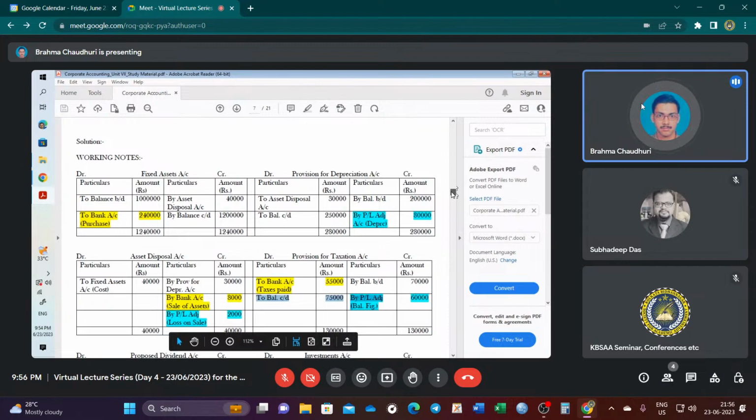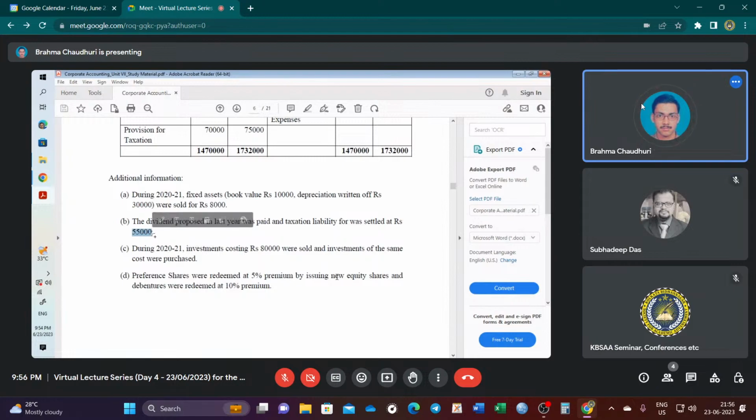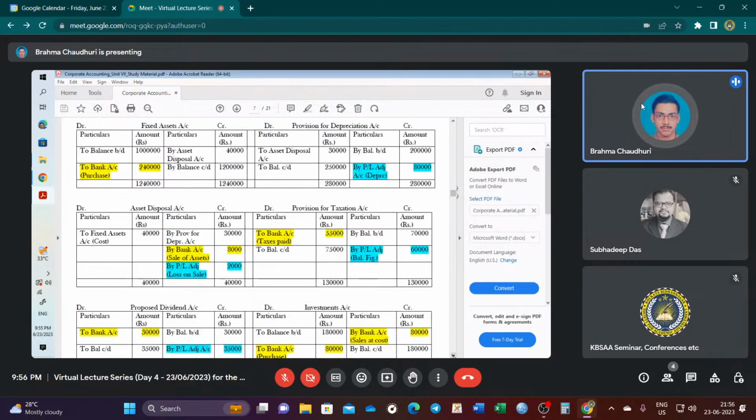Taxes paid during the year are shown in the additional information, that is 55,000. Taxation liability was settled at 55,000. So taxation paid means that is the payment. So, provision for taxation to bank account, taxes paid 55,000.